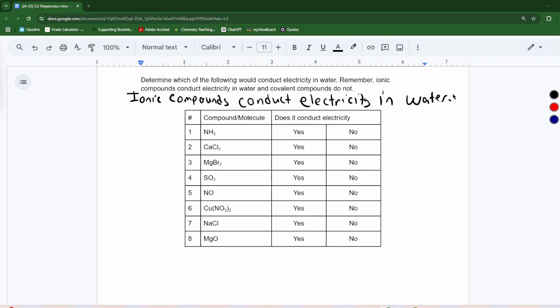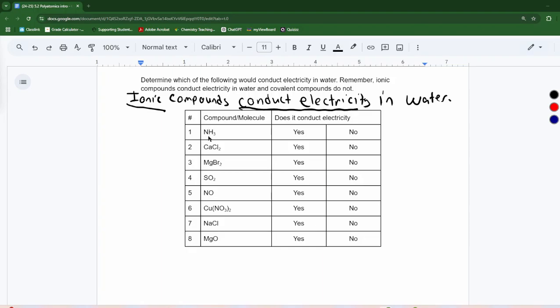Like salt, if I just have table salt there, it doesn't conduct electricity. But if I put the table salt into water, then the water will conduct electricity. We're going to learn more about that later when we talk about solubility in a whole other unit. But for now, all we need to know is that if it's ionic, it conducts electricity in water.